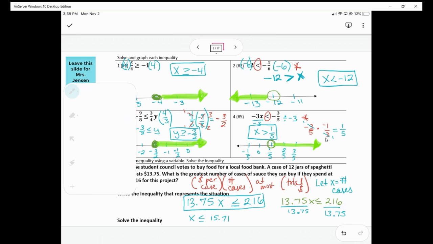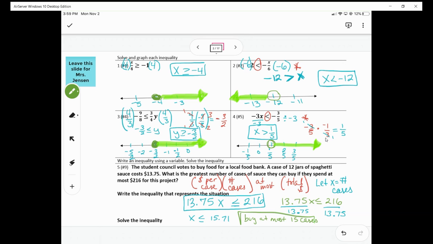So now when we interpret that, we can buy at most 15 cases. 15 is less than or equal to 15.71.